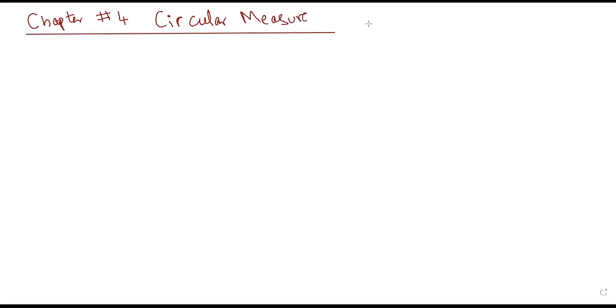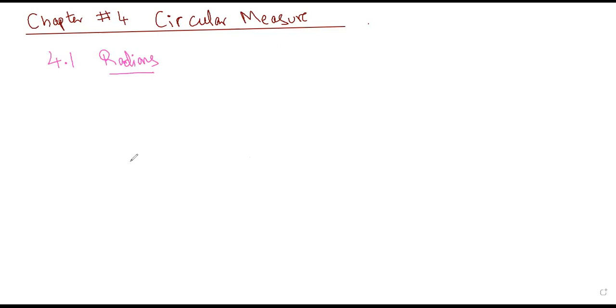Okay. So basically, since the chapter is circular measure, we'll be talking about circles. And the first thing is section 4.1, that is radians. Okay. Now this is very simple. You need to understand one thing, that in this section we will see we can measure any angle by using two units.